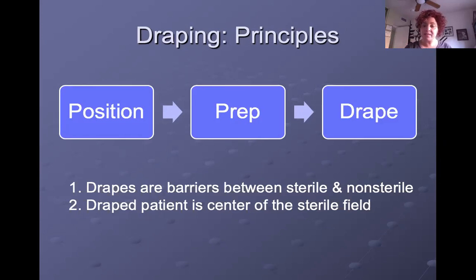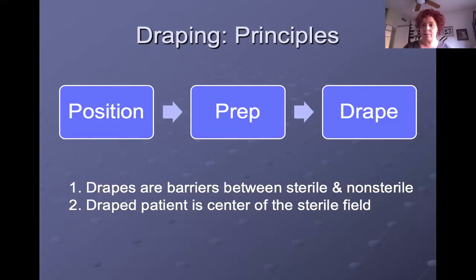If there's a first assist or another surgeon that's helping out, they're going to come in about the time of the prep, and that's when we're going to be gowning and gloving our team and getting them ready. That's one of our responsibilities as well, and we'll be learning all of that in our next course. So while the nurse is prepping, we're getting our team gowned and gloved.